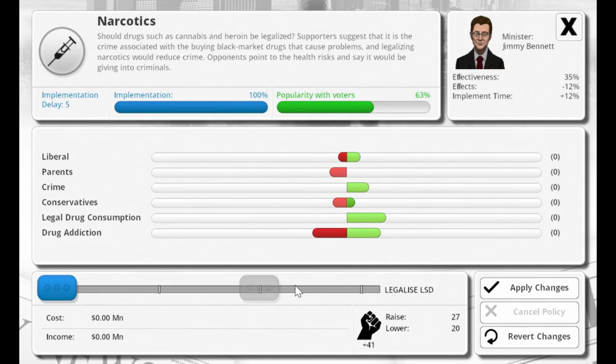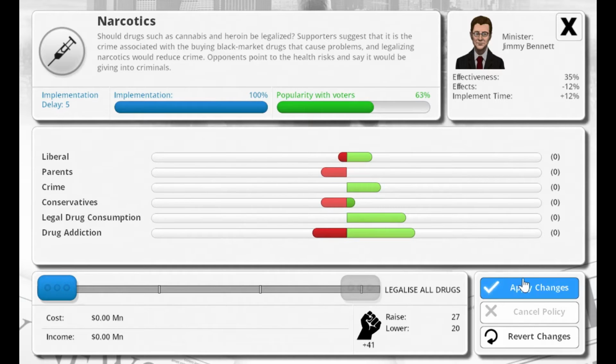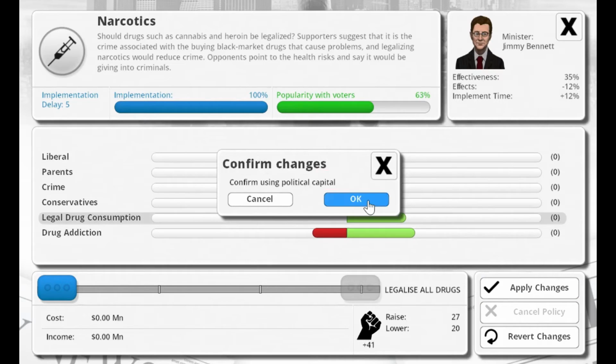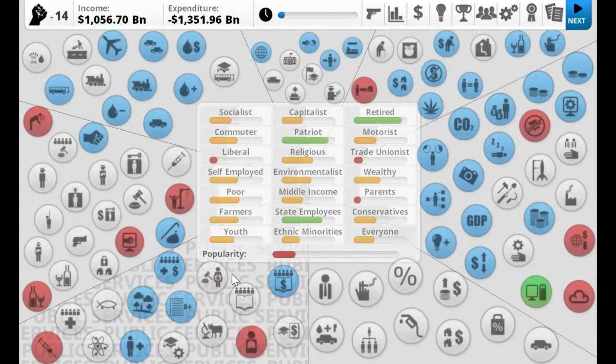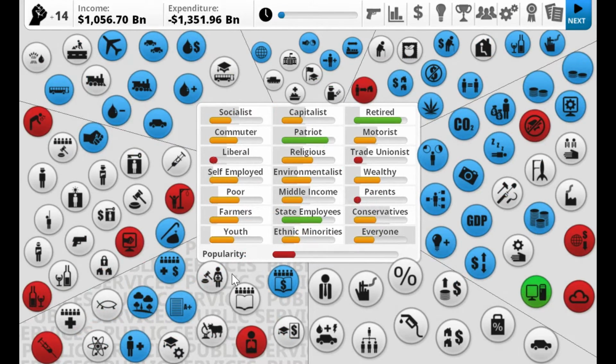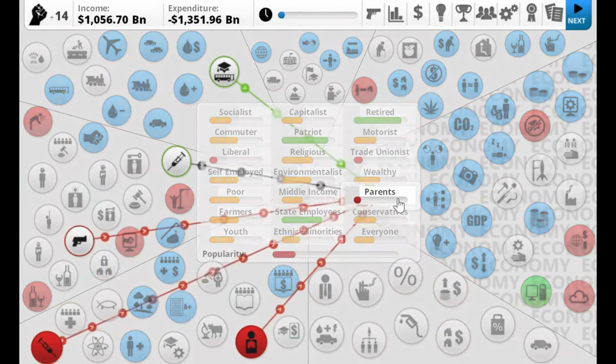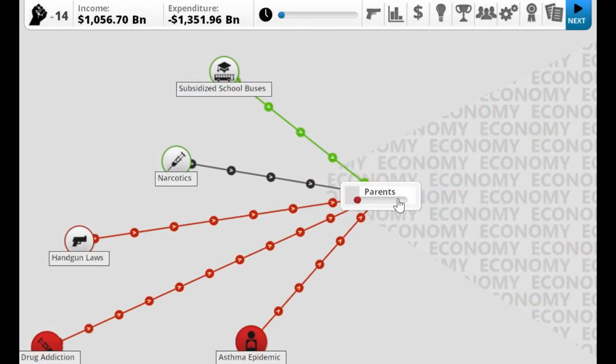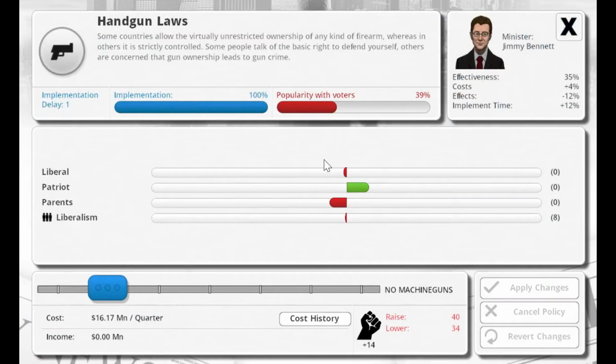Okay, I'm doing this country a favor. Bam. Okay. Let's help the parents. Handgun laws.